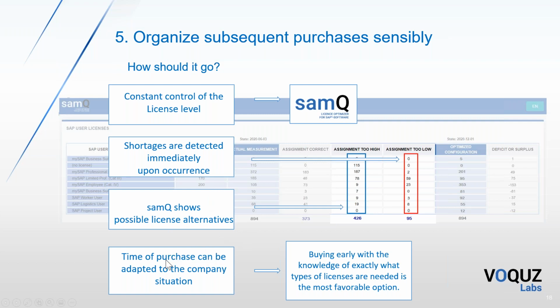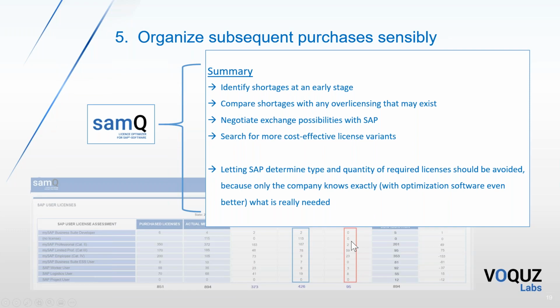So time of purchase, as said, usually big companies who are in control of licensing, they do this on a quarterly or half-year basis, but buying early at company discounts at your conditions with time to negotiate exactly the types of licenses that you need is definitely the favorable option you're looking for. So how to organize this?